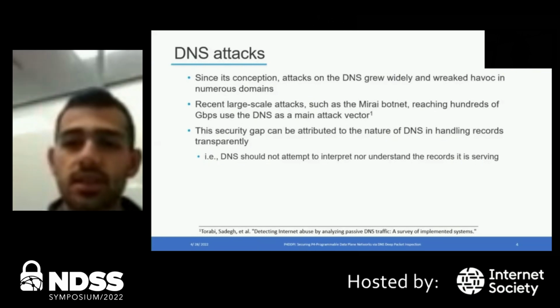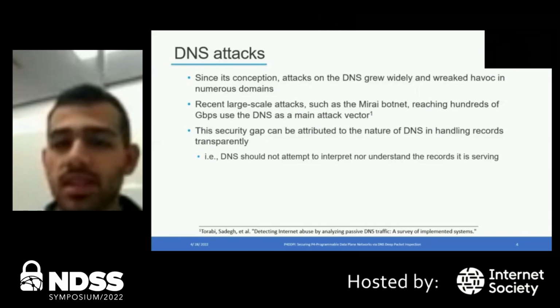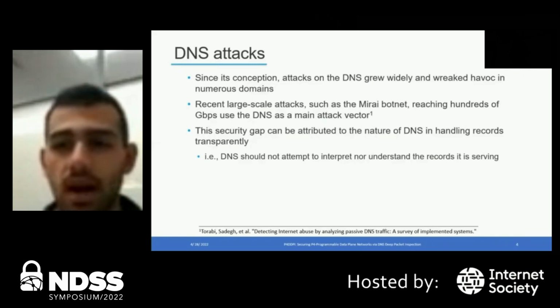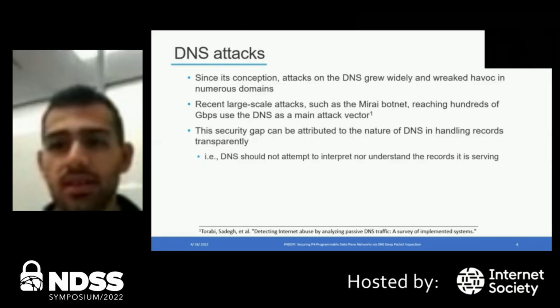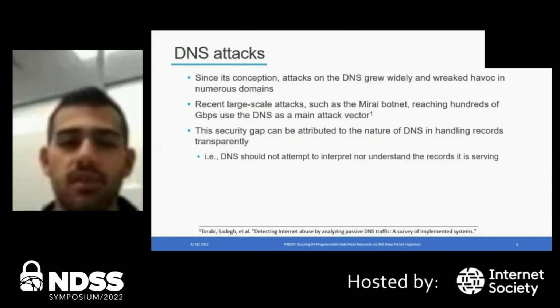Essentially, this security gap can be attributed to the nature of the DNS handling records transparently, which means that the domain name system does not attempt to interpret or understand the records it's serving. This is attributed to how it was designed, because it wanted to be as scalable as possible and to accommodate feature extensions as well. So that's why it was designed like that in the first place.